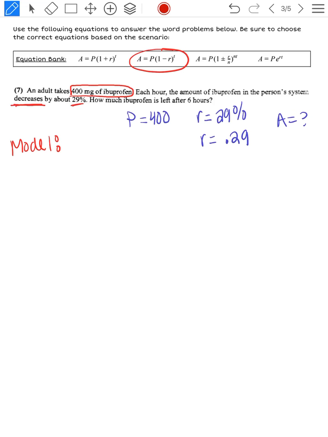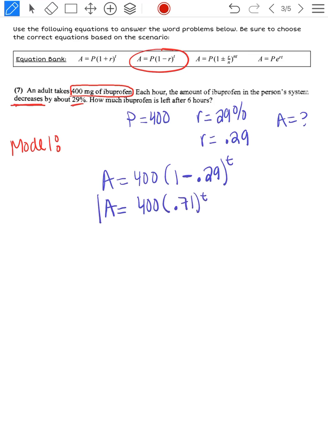And for my model, remember, I'm only using these 2 things because I want a model that works for everything, for 6 hours, for 7 hours, for 8 hours, and so on. So my model would be A equals 400, 1 minus, because it's decreasing by a rate of 0.29 to the t power. And I can simplify here and do 1 minus 0.29, which is going to get me 0.71 to the t power. So there is my model.